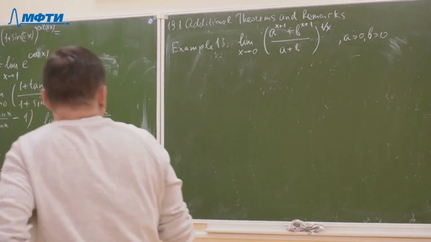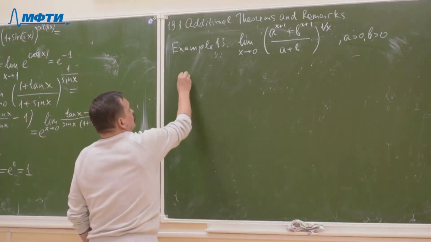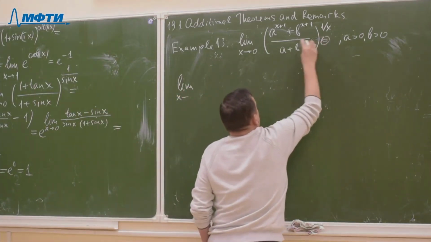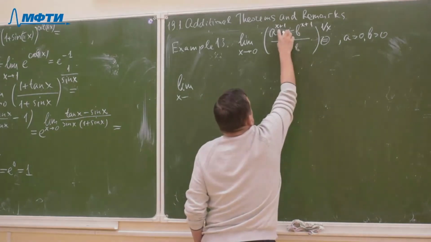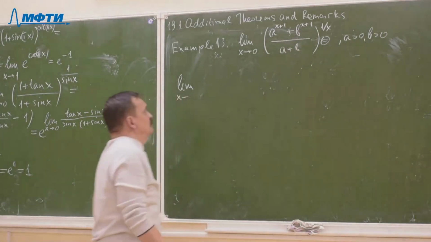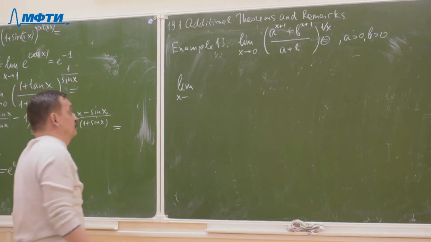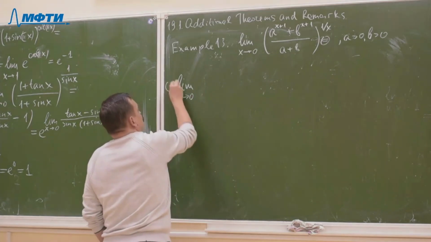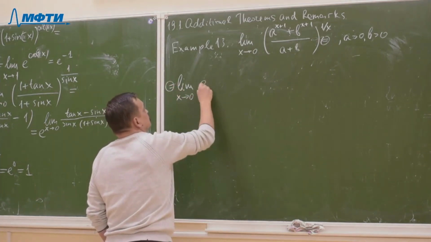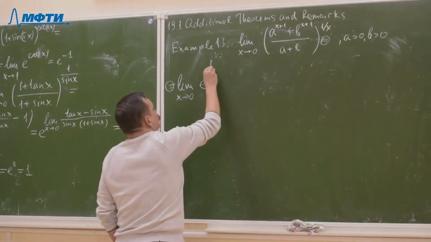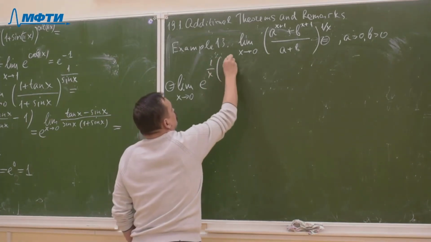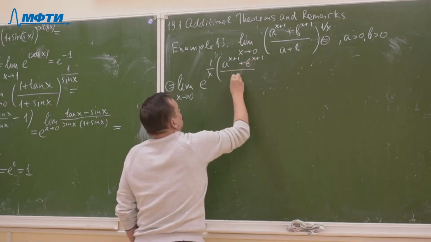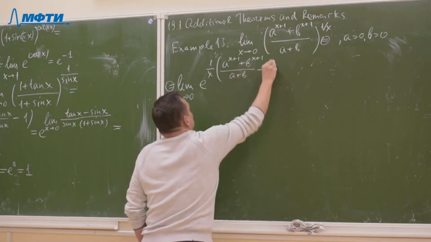Okay, so we have a limit that is equal to, again, if we substitute 0, we have a plus b over a plus b equals 1. So as x tends to 0, that is equal to e to the power 1 over x times our base minus 1.